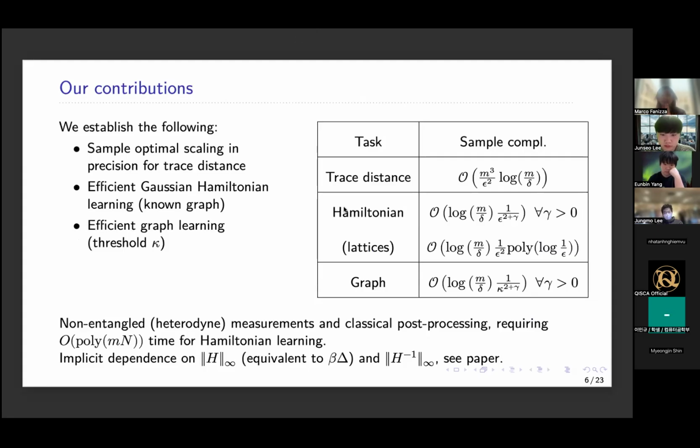Okay, so now let me state what our results are. We are able to establish the following. With this work appeared the first result on the sample optimal scaling in precision for trace distance, that is 1 over epsilon squared. It's valid in this case for mixed states; we have to assume that the state is mixed to make this work.